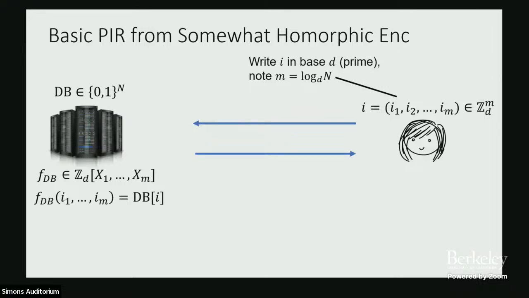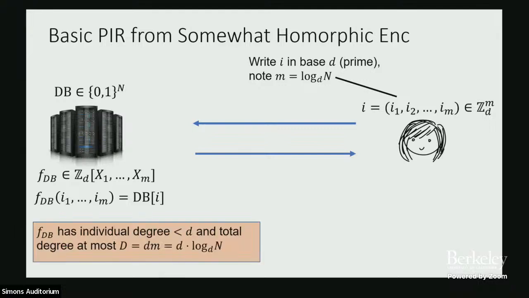You can actually just interpolate a low-degree multivariate polynomial that computes this function. So you can just write down the polynomial. Okay, so this polynomial has individual degree at most D. Well, it's a polynomial over Z_D, so the degree doesn't need to be more than D. And the total degree is D times the number of variables.